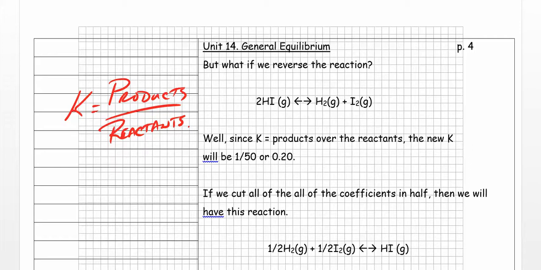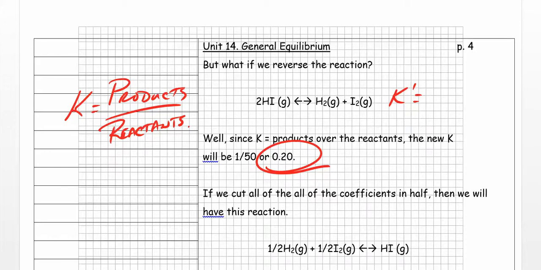So if I want to know the new K value, I'll call this K prime, all right? I want to know the new K value for this new reverse reaction. It would be 1 over 50 or 0.20, right? So we've learned something now. If you reverse the reaction, then you take the reciprocal of the K to get the new K for the new reaction, the reverse reaction, okay?